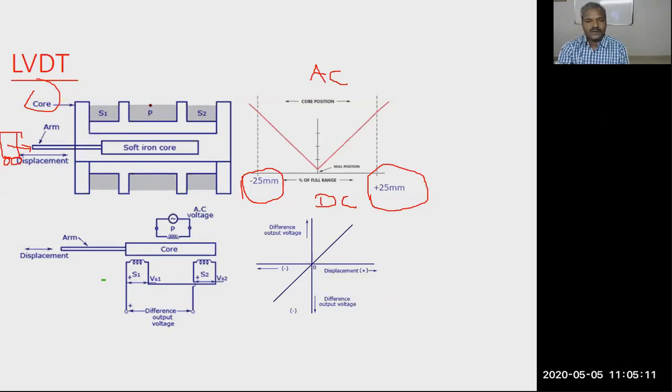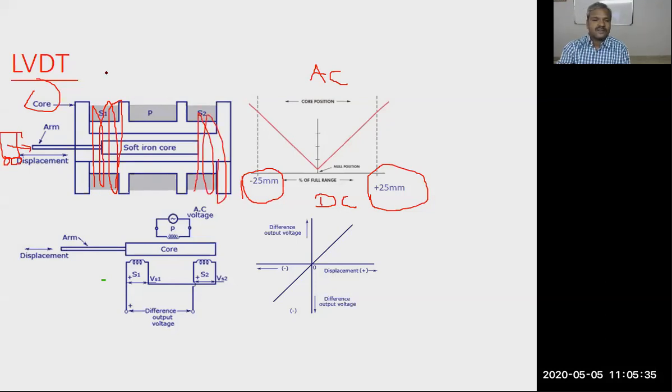There are one primary and two secondary coils. The secondary coils and primary coil are both wound over the fixed core. This is secondary one, and the other coil is secondary two.